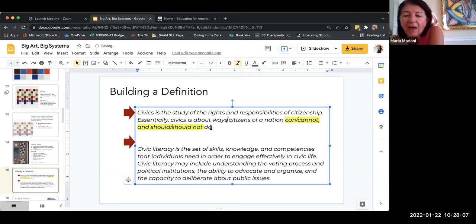Do we even need the nots? And do we even need the can? Maybe we can just simplify it by saying ways citizens of a nation should participate. And it's understood that there's a not, and it's understood that there is a can.